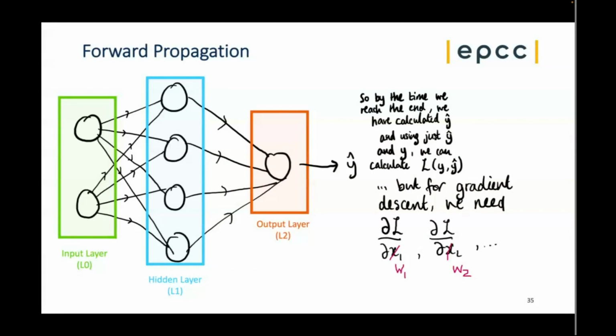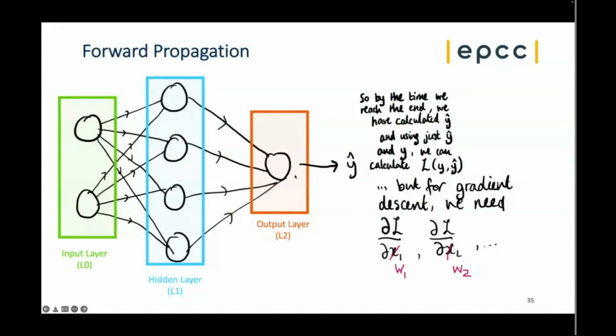What we're trying to do here is find the right weights that minimize the model. We're trying to find the values of the weights that will minimize the loss function. And that includes all of the weights as you go back through the model, right to the ones at the start.